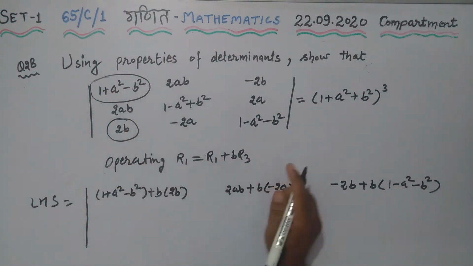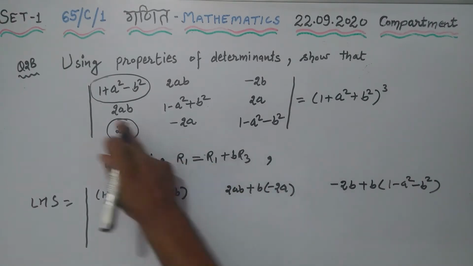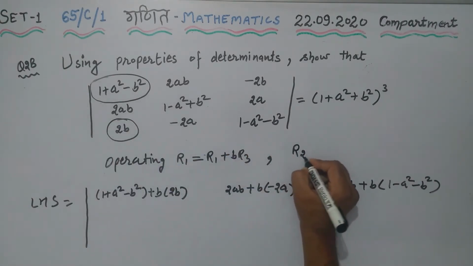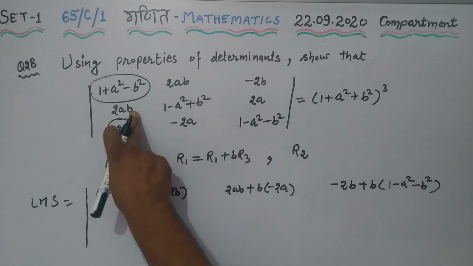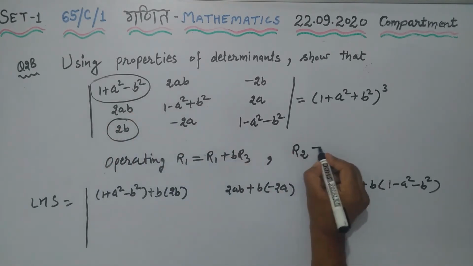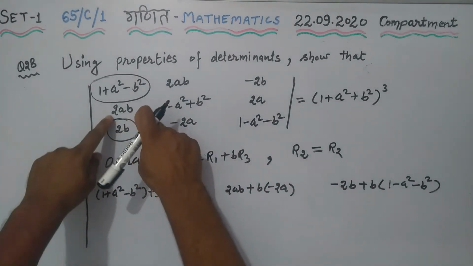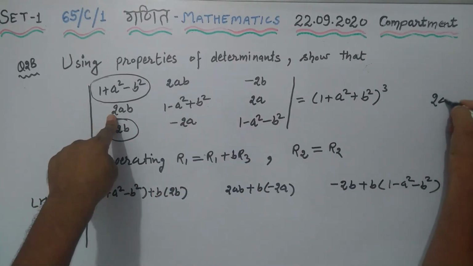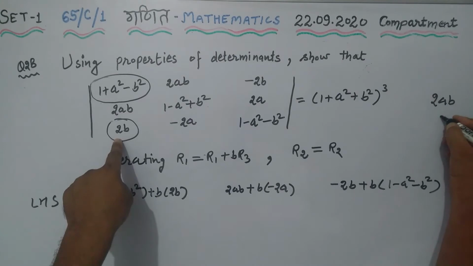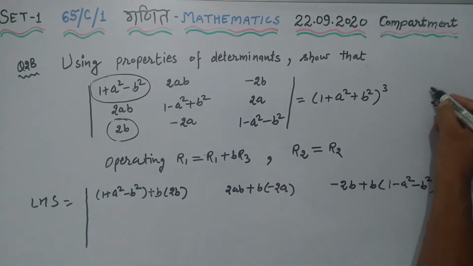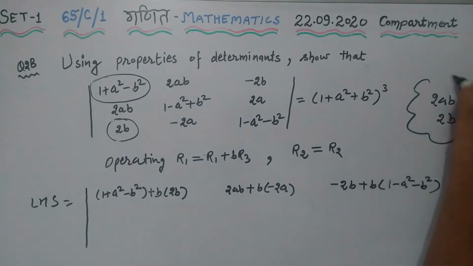Simultaneously what we should do, about R2 we try to make this also equal to 0. R2 equal to R2, meaning to say we are watching 2ab and this is 2b. How should these two be operated so that result becomes equal to 0?